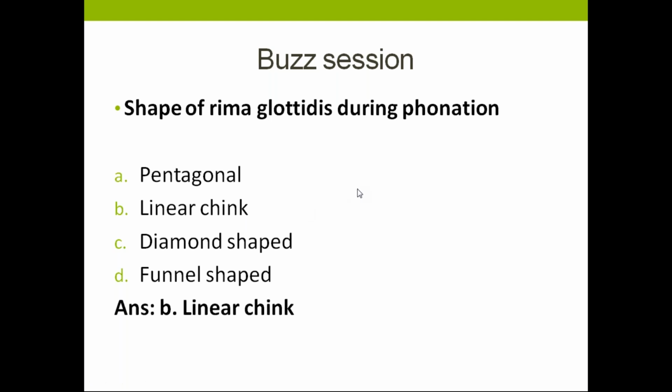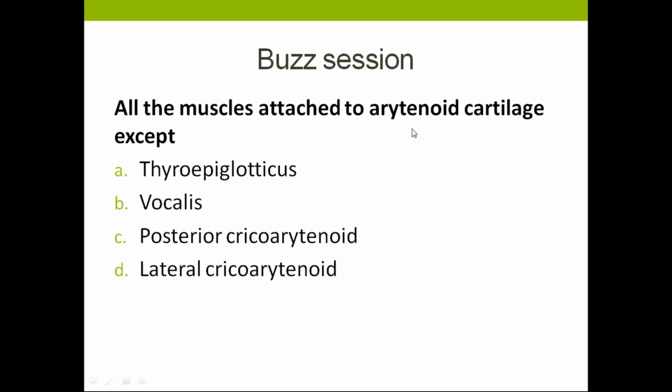Next question: all the muscles are attached to the arytenoid cartilage except which muscle? The answer here is thyroepiglotticus. All other muscles are attached to the arytenoid cartilage.